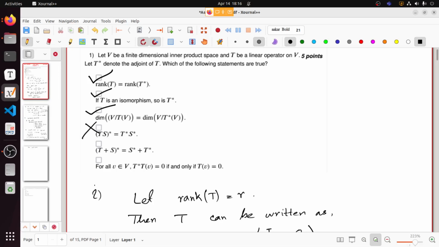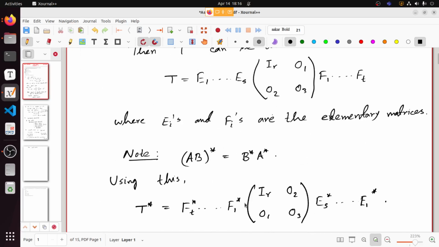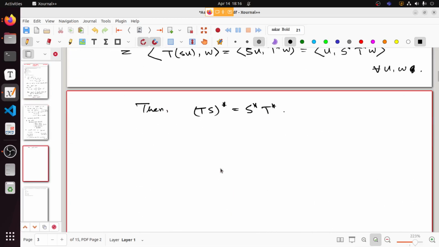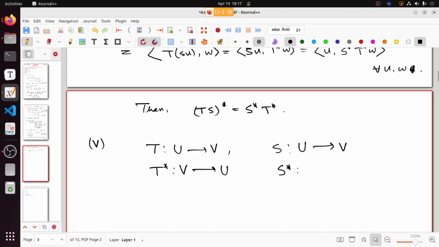Now option number 5 is (T plus S) star is S star plus T star, right? So let's again prove this. Option number 5. Again take T and S, both maps, suppose from U to V. Then T star will be a map from V to U and S star will again be a map from V to U, right?